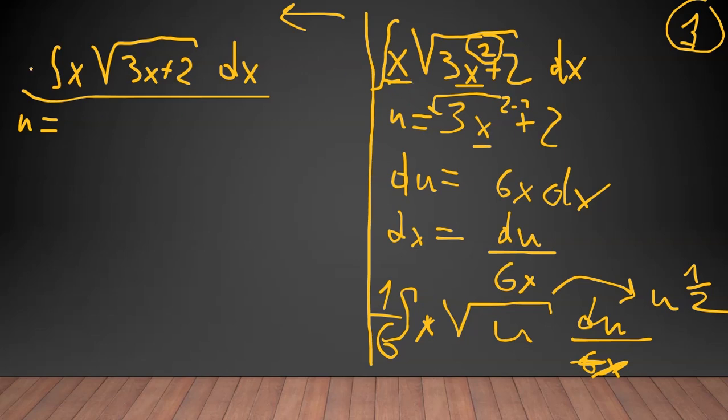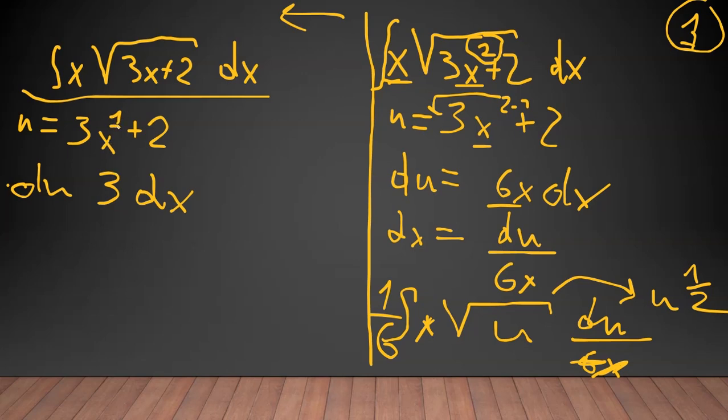How about this? Okay, so let's say what is u here again? We write u is not 3x squared, but u is 3x plus 2. Then du will be 3 dx. We don't have 3x like here. So we have 6x because according to the derivative power formula, by default we have 1 here.